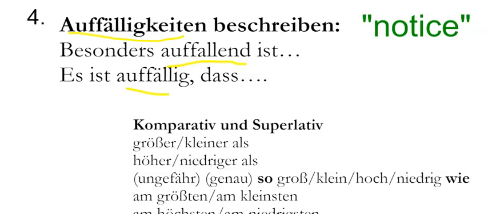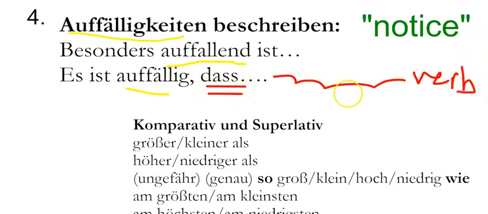So, besonders auffallend ist, especially noticeable is, or es ist auffällig, it's noticed, dass, that, blah, blah, blah, verb at the end. Because that's a subordinating conjunction, right? It's noticeable that it takes 20 million years for XYZ to decompose in the ocean, something like that.